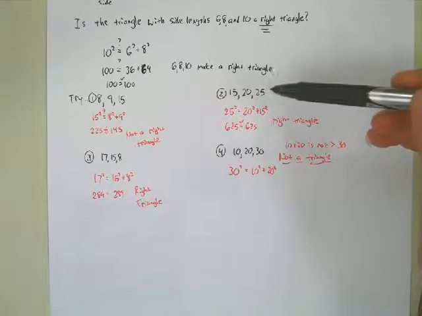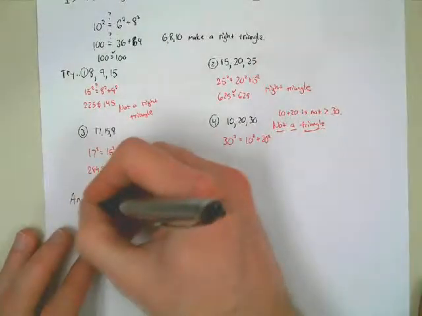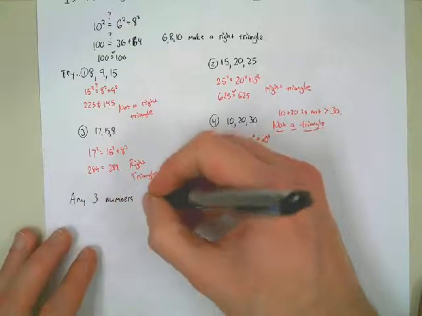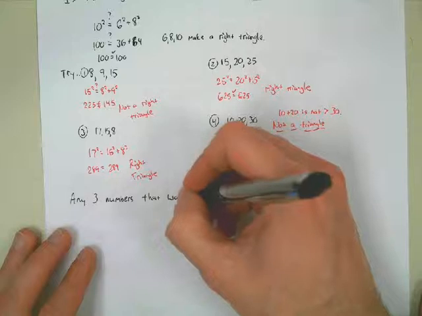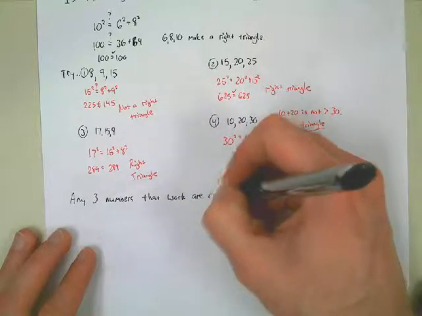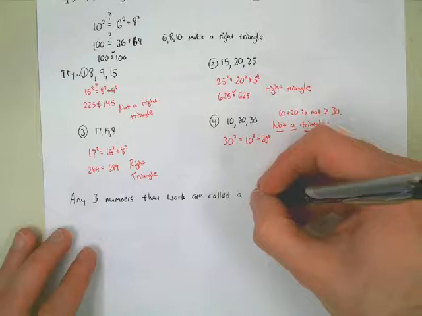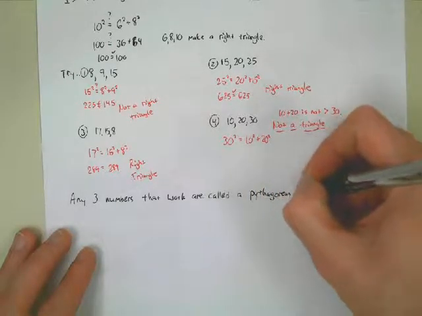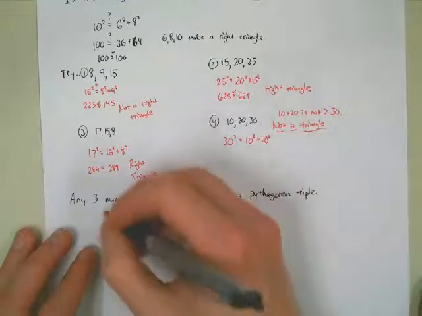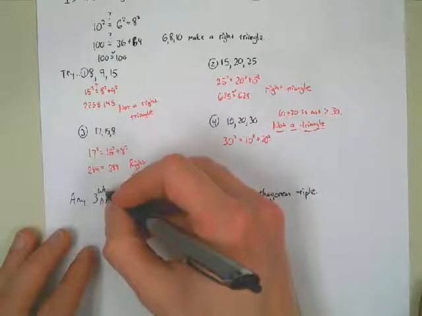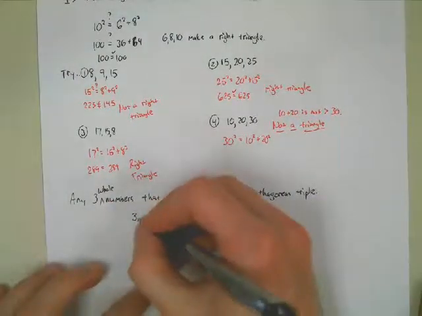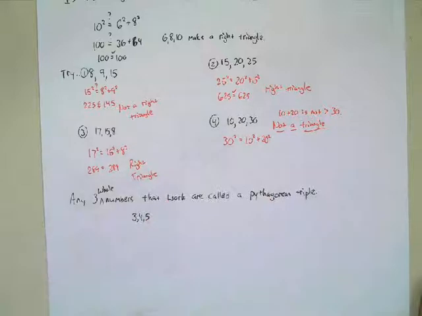So any 3 numbers that work are called a Pythagorean triple. And really I should say any three whole numbers that work, because we could have square roots and stuff like that show up.